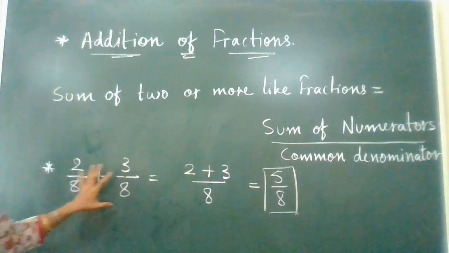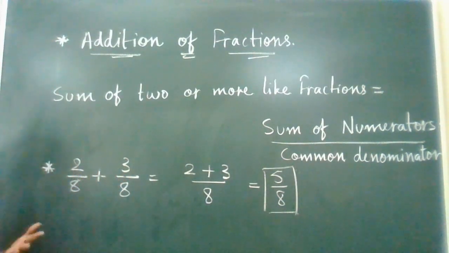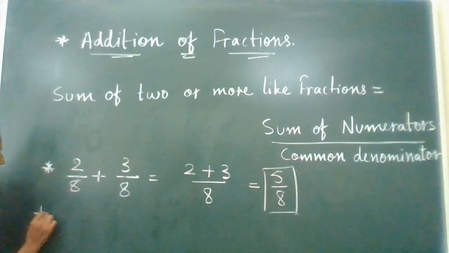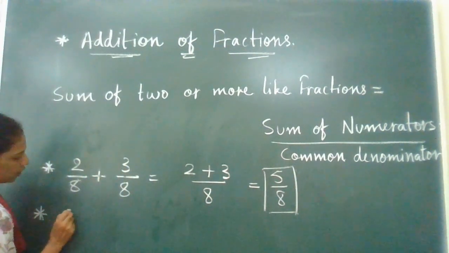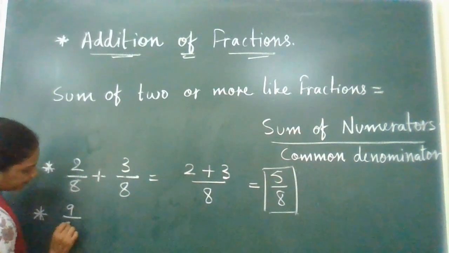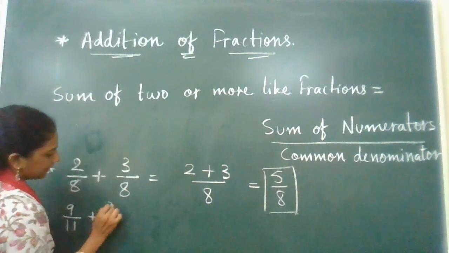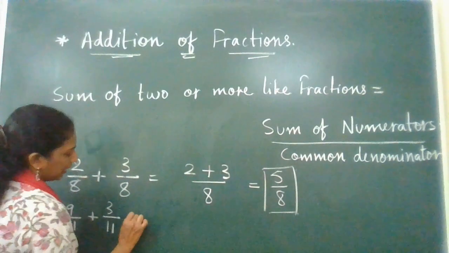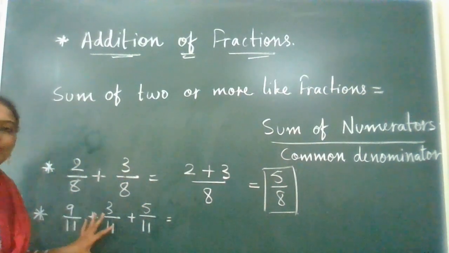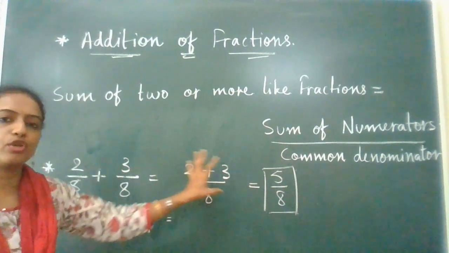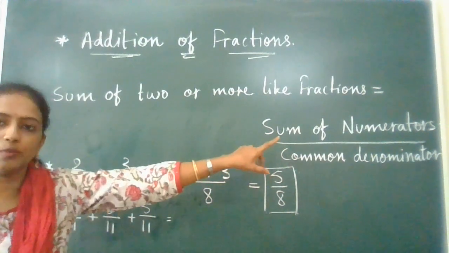Suppose instead of two fractions, I am adding three fractions. Then also the rule will remain the same. Suppose you are doing 9 upon 11 plus 3 upon 11 plus 5 upon 11. Even if you have more than two fractions, the rule will remain the same: sum of numerators.